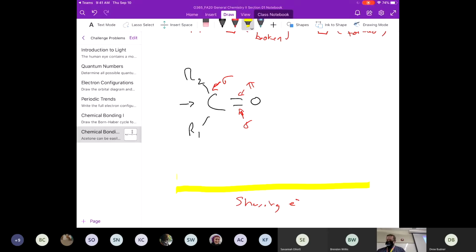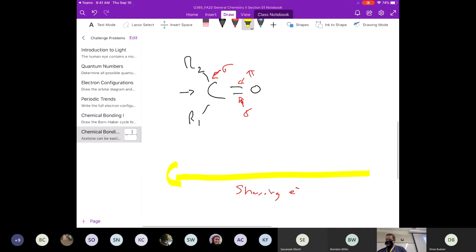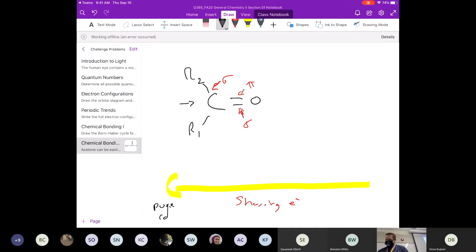On this end, where everybody shares well together, we call that pure covalent, right? Which means that everybody shares, not one atom is spending more time with the electrons, right? It's what we hope, right? This is what adults are supposed to do.